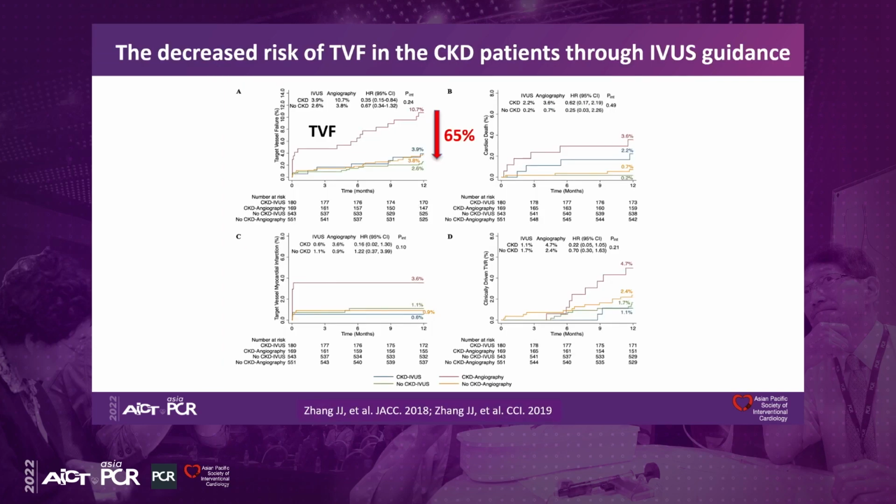Next. This is the CKD group of the sub-analysis of the ULTIMATE trial. You can also notice that in CKD patients, if we use IVUS, it will definitely reduce the TVF, 6.65%. Next.